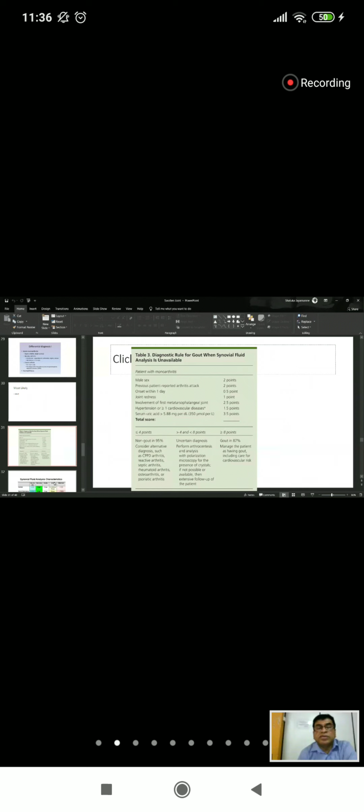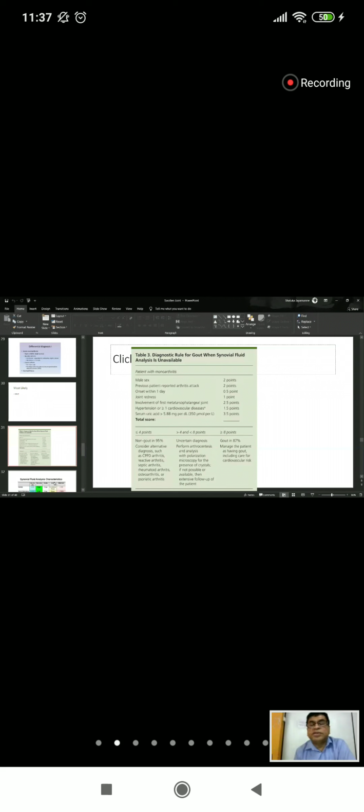How do you diagnose gout when you don't do synovial fluid analysis? Of course, in your clinical practice, in our setup, we generally don't aspirate these joints. If it's male, there's a high chance. Previous patient-reported arthritis attacks. Onset within 1 day, that is, it comes very suddenly, and the joint is usually red.